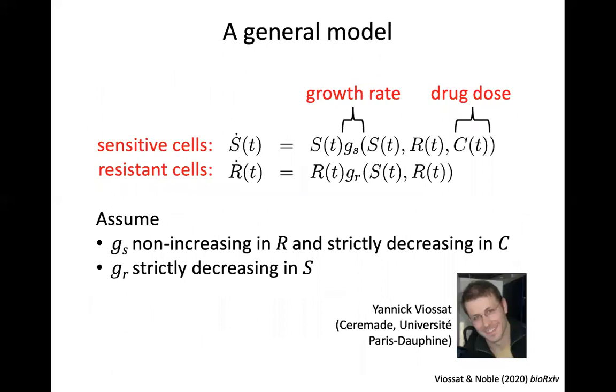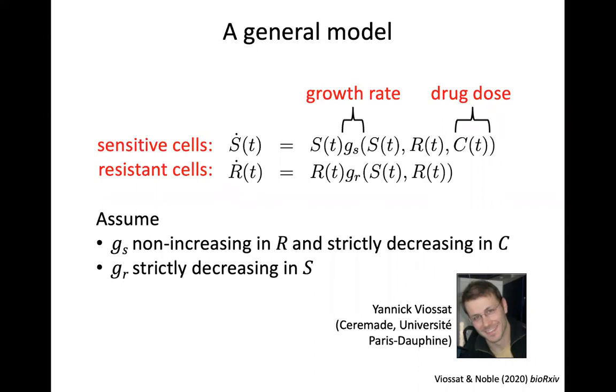So I teamed up with the mathematician Yannick Viossat, who's based in Paris. And what Yannick really developed is a very general model here, where we have two types of cells, sensitive and resistant, S and R. And we have a very general growth rate function, lowercase g here, which can be different for the sensitive and resistant cells.